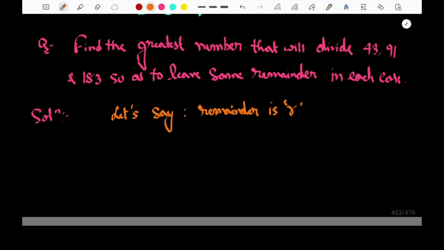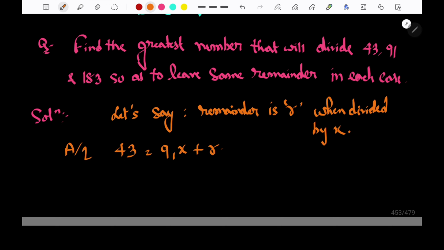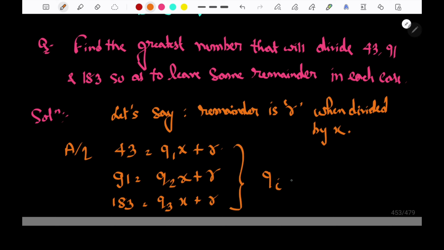Greatest number, and say remainder is R when divided by X, some random X. So basically, according to the question, 43 is Q1 into X plus R, some quotient Q1, and again for 91 it will be some Q2 into X plus R. Again for 183 it will be Q3 X plus R, where Qi's are quotients.